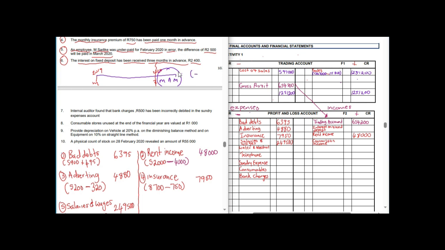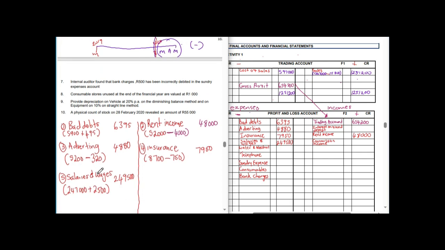And anything guys that is beyond our financial year needs to be subtracted, because it's either prepaid expense or income received in advance. Since this money is receivable to us, we need to subtract 2,400.